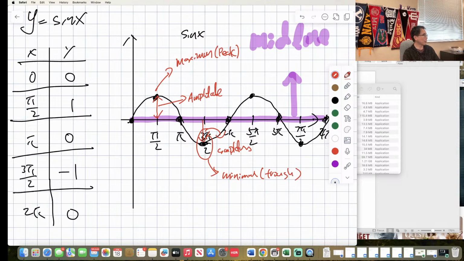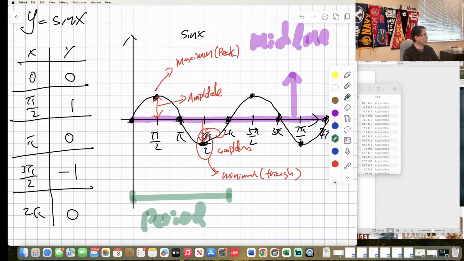The highest part of the wave, we call it the peak. There's something else we need to know. The distance from here to here is known as the period.